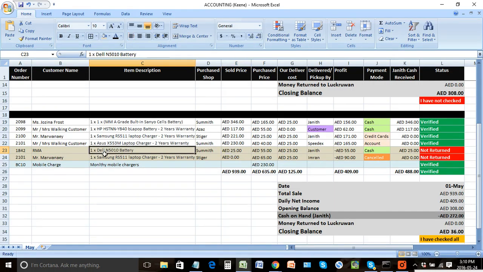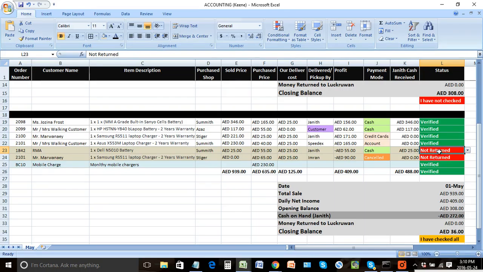So when we send an RMA to a customer, we charge the customer for delivery. So this is the 25 for that, but we purchased for this price. And here, obviously, this price is received by cash because it's delivered by Janet. And here, if it's an RMA, it has to be here, returned to the shop or not returned to the shop.